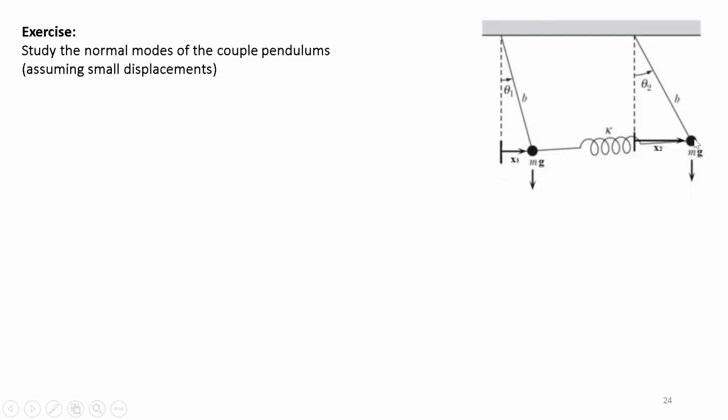I want you to write down the equation of motion. Try to start with the Lagrangian, and the hint is to use theta 1 and theta 2 as the generalized coordinates. Write down the Lagrangian first.